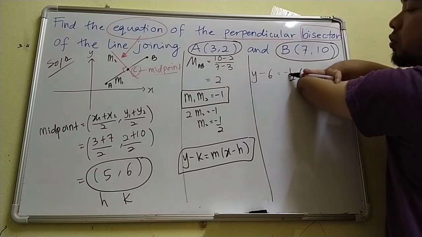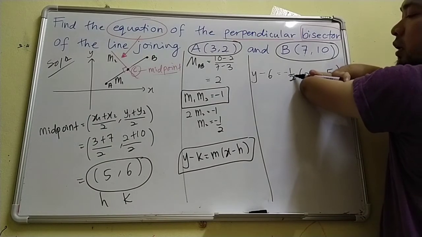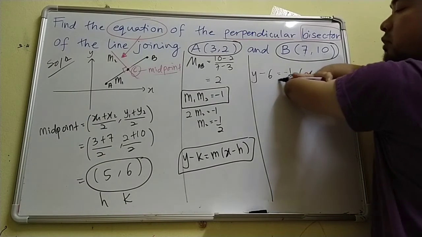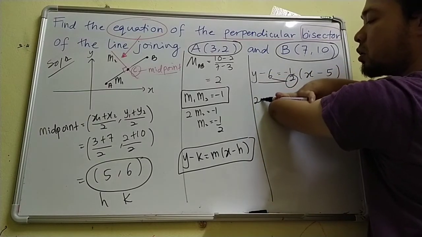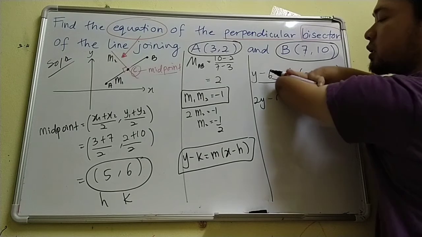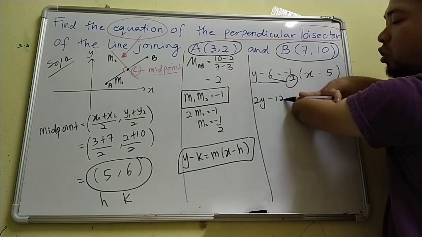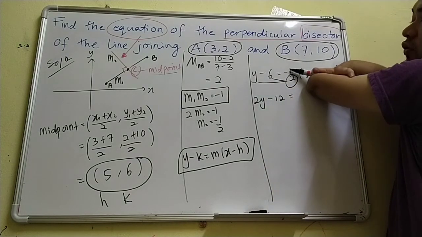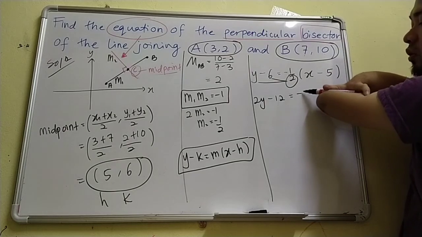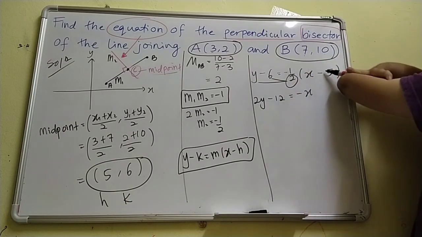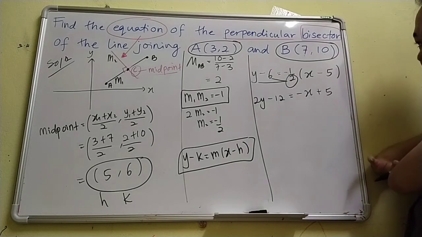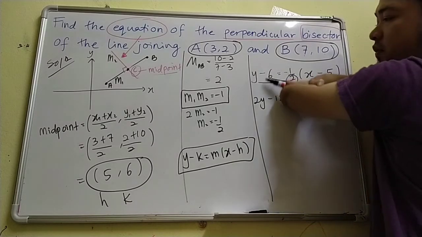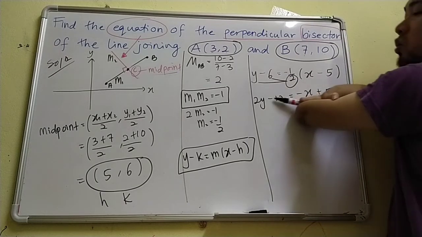Or if you don't want to do that, just multiply both sides by 2. So you will get 2y minus 6 multiplied by 2 is 12, equal to negative 1 expanded, so negative x, negative 1 times negative 5 is positive 5. I just removed the denominator to the left side, so there is no more fraction.